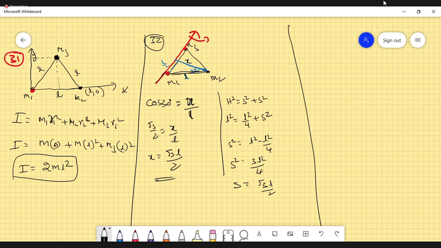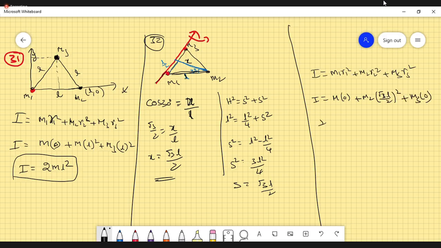So what is the formula? Moment of inertia I equals m1 r1 square plus m2 r2 square plus m3 r3 square. So I equals m into 0 plus m2 into r2, that is root 3L by 2, squared, plus m3 into r3, which will be 0.